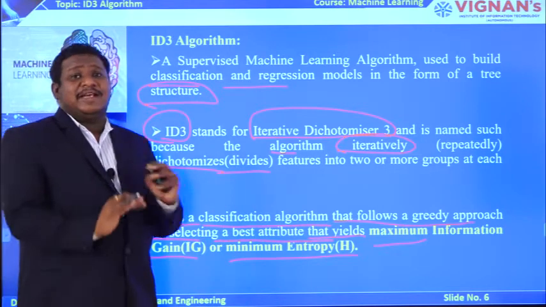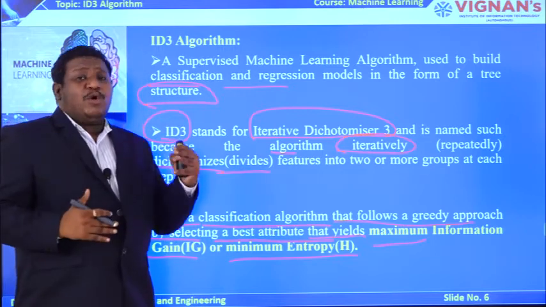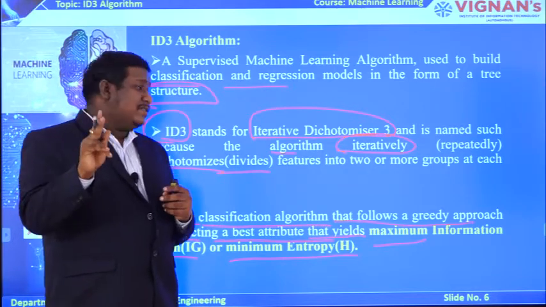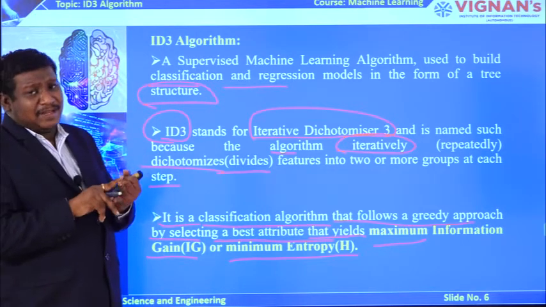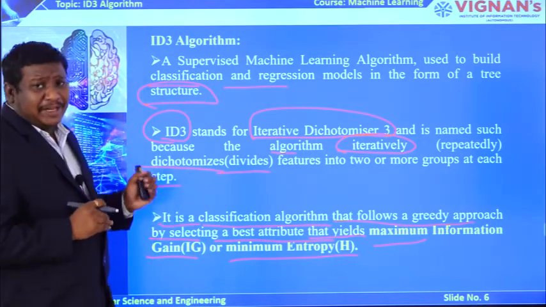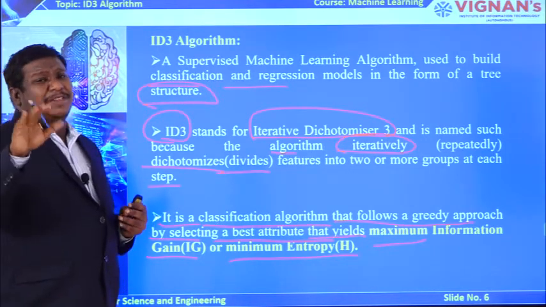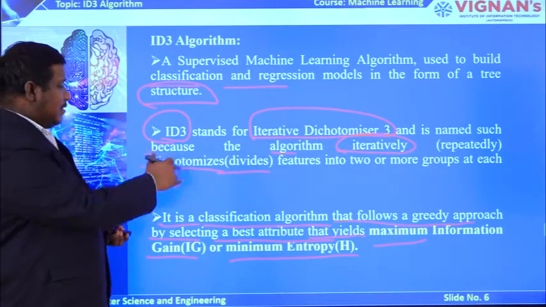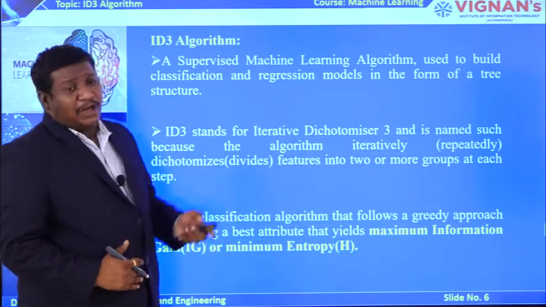These are the key factors used in decision trees: information gain, entropy, and the third one, the Gini index. So we select the best attribute with maximum information gain or minimum entropy value. Let us see what information gain is, how entropy is calculated, and how the greedy approach works in the coming slides.